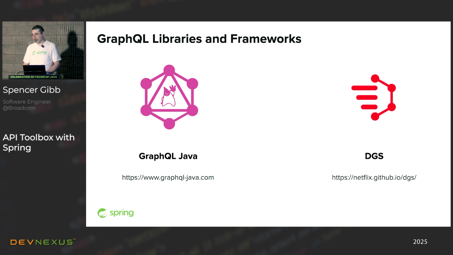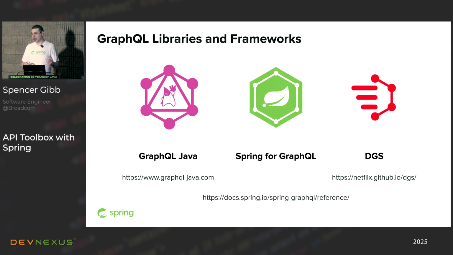And then a number of years ago, Netflix started a project called DGS. And at about the same time, Spring started a project for GraphQL. So we were collaborating with the folks from GraphQL Java, and DGS and Spring for GraphQL were kind of being created in parallel.